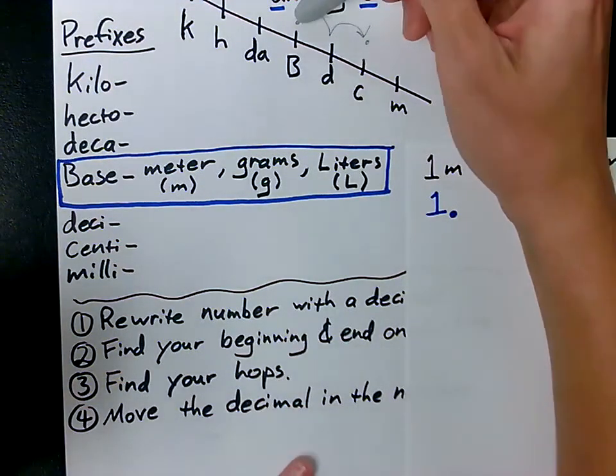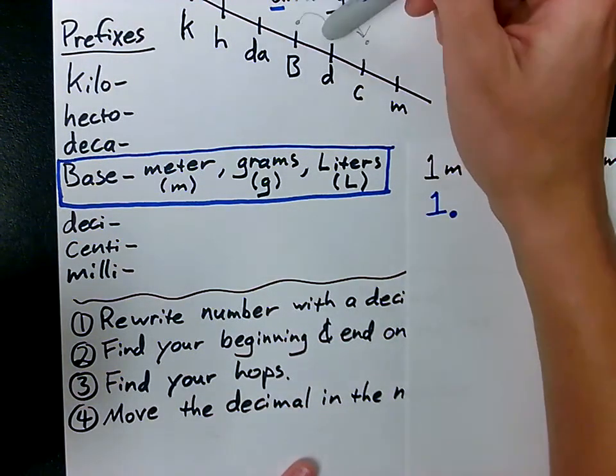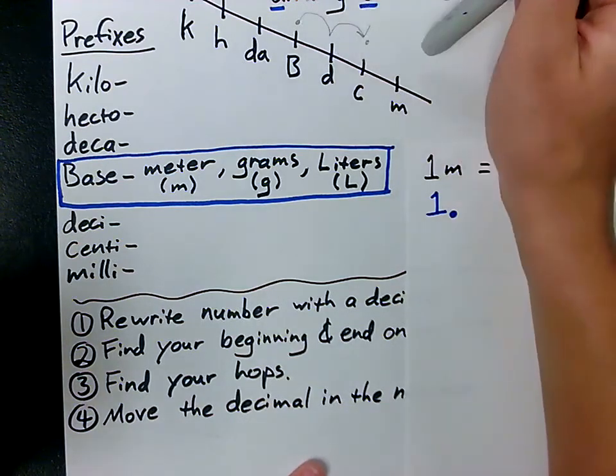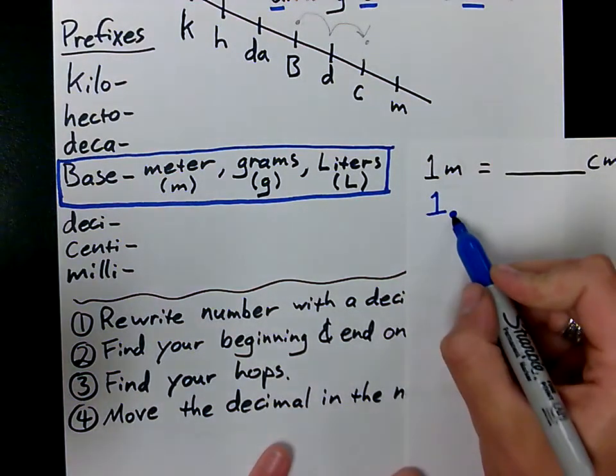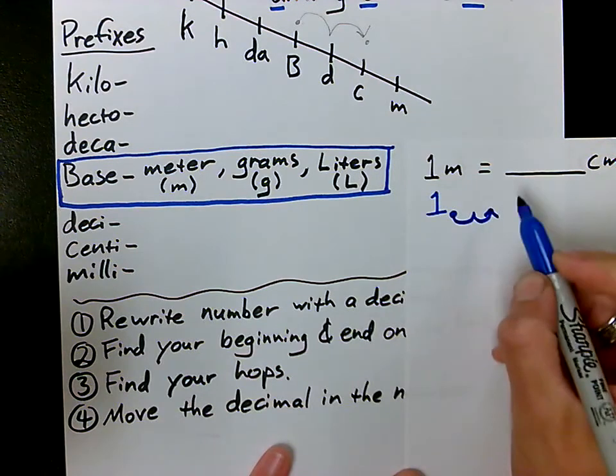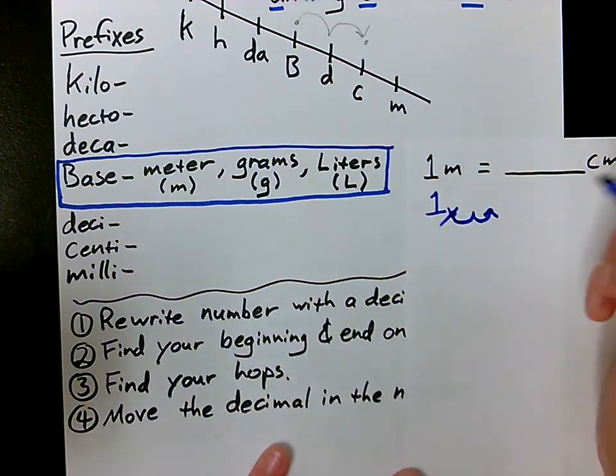Again, we started at base, went to centi, we took 1, 2 hops to the right. So I also want to move my decimal 1, 2 hops to the right. My decimal is no longer there. My decimal is now there.